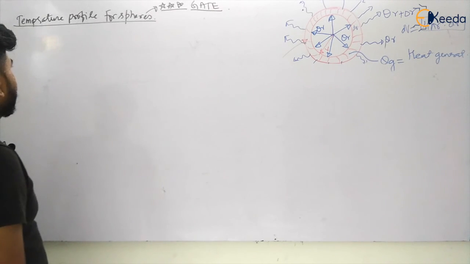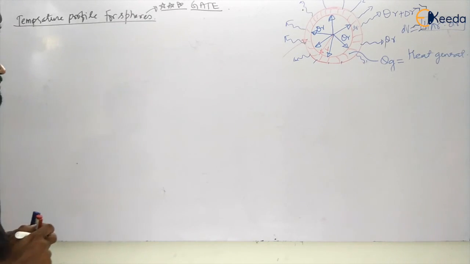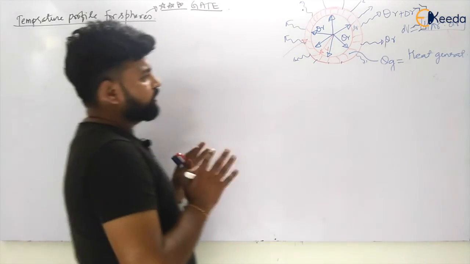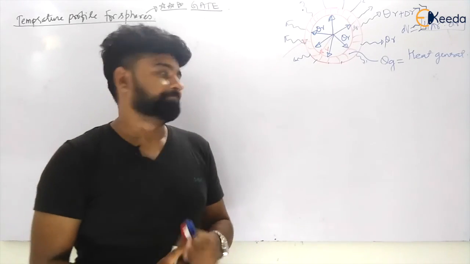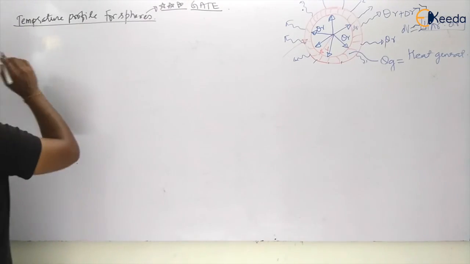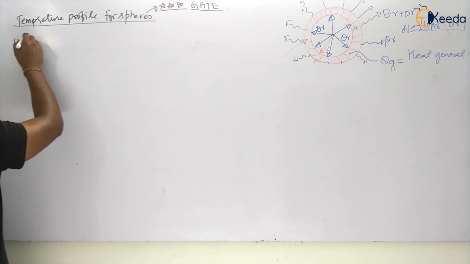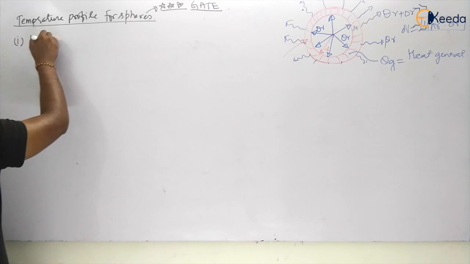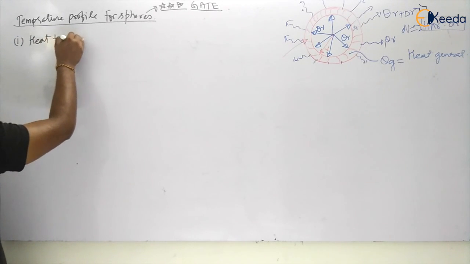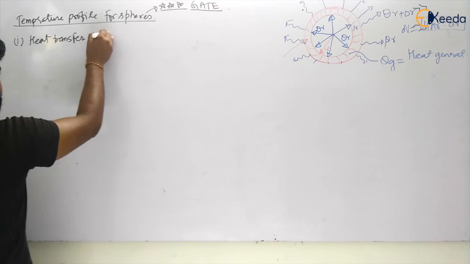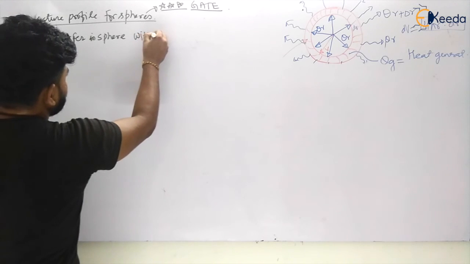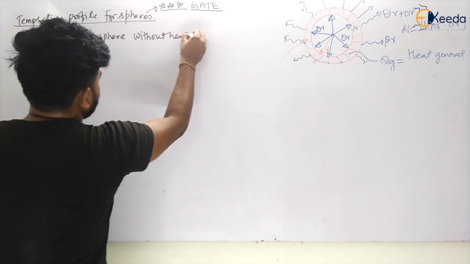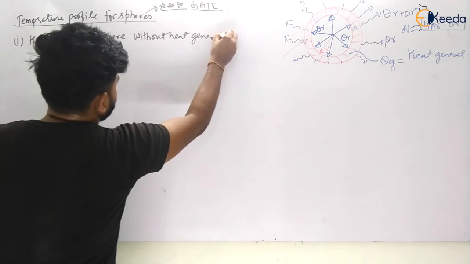So let us see. Now what I am doing is I am considering that heat transfer is occurring without heat generation. So my most important assumption is, that is first one, heat transfer in a sphere without heat generation. Okay.